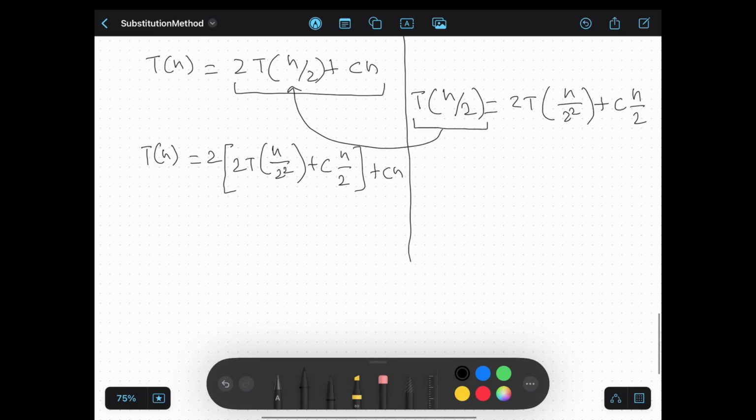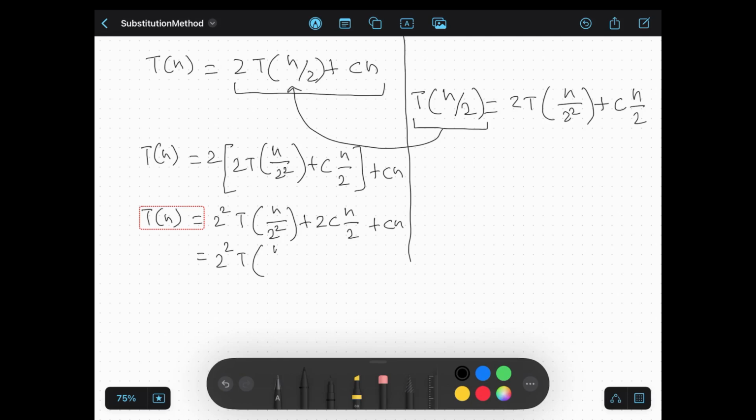okay, let's try to reduce it. We are going to open the square brackets, and which will give us, and this will be Cn plus Cn will become 2Cn.